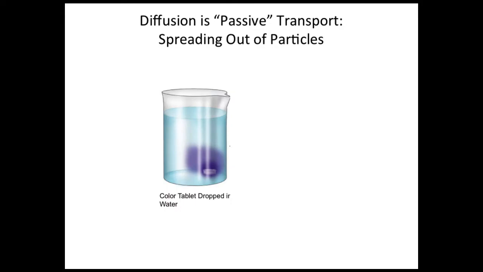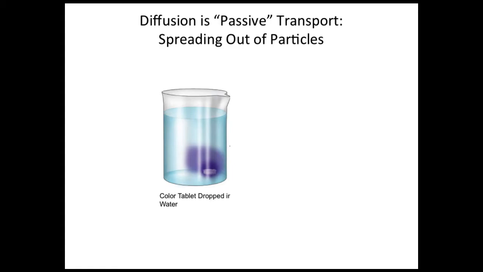To begin, we need to understand diffusion. Diffusion is a type of passive transport. It's passive because it requires absolutely no energy in order for this transport to occur. We can think of diffusion as a spreading out of particles or a spreading out of solutes that are dissolved into water.